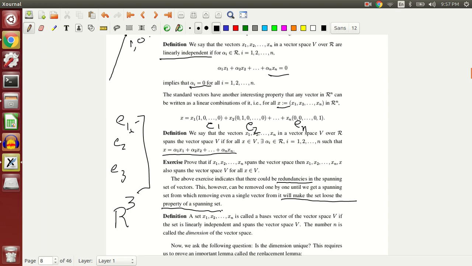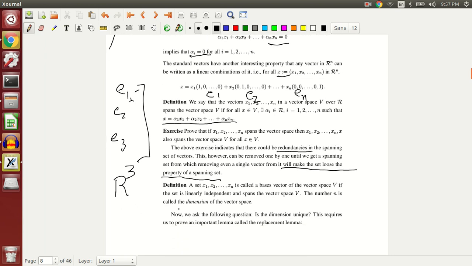So we'll see this in the next definition that we have in terms of dimension. Let's say the set x1, x2, up to xn is called a basis of the vector space V if the set is linearly independent and spans the vector space V. These are not synonymous, they are mutually exclusive conditions.